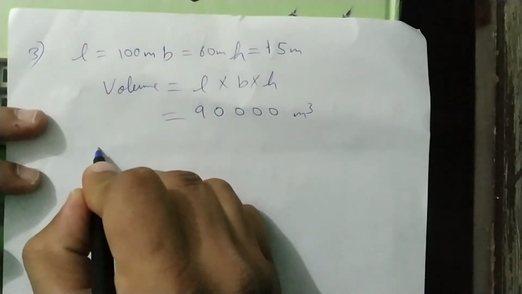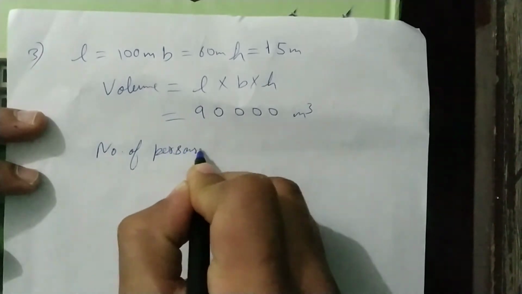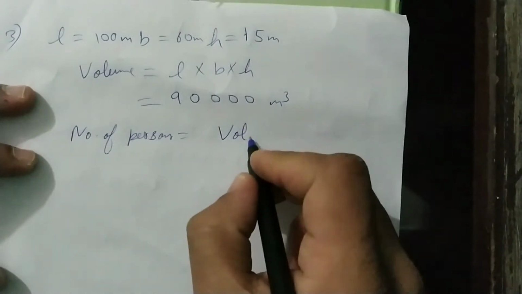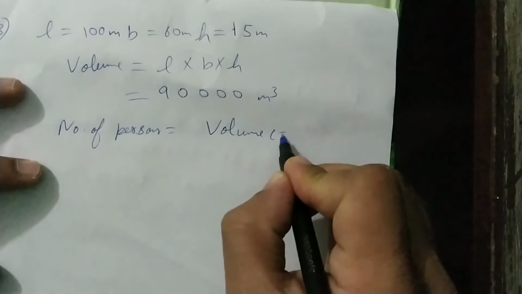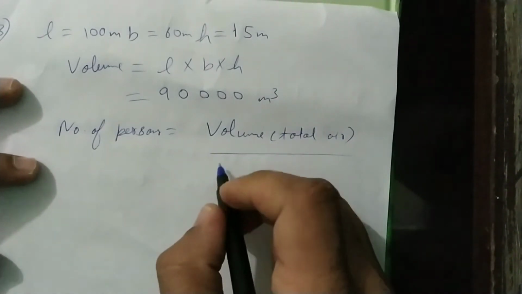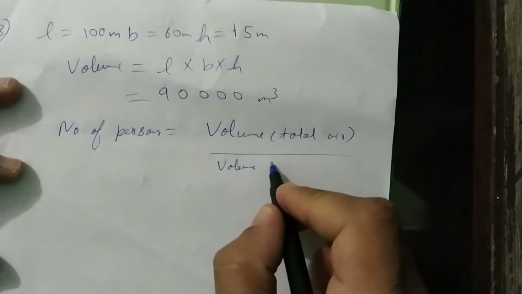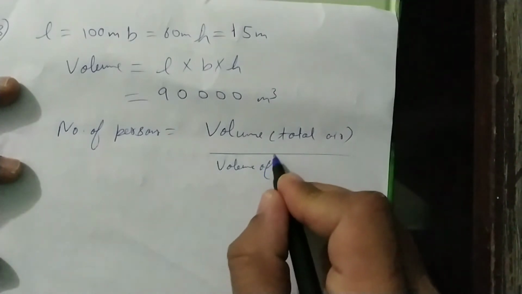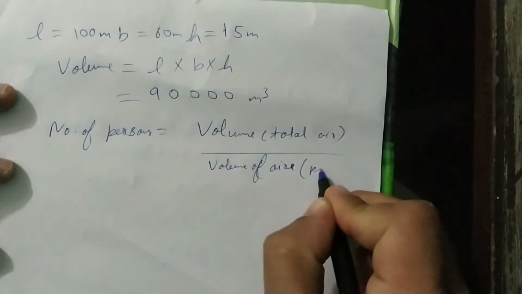Now number of persons will be volume of total air divided by volume of air per person.